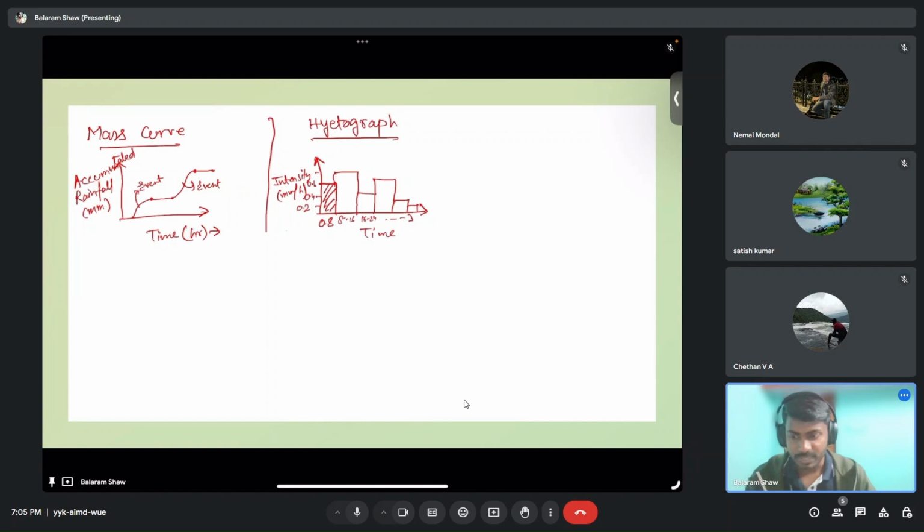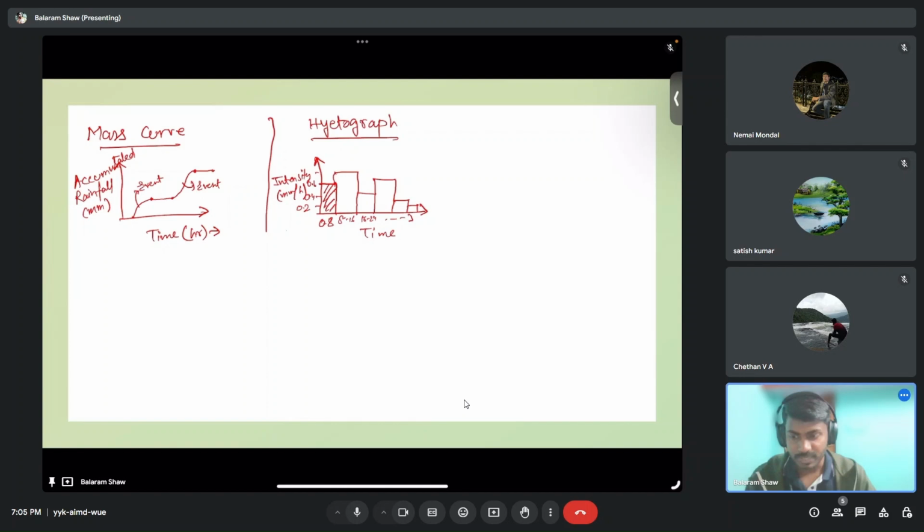Okay, next we estimate the mean annual rainfall. So why do we do mean annual rainfall? We have point rainfall data, right?